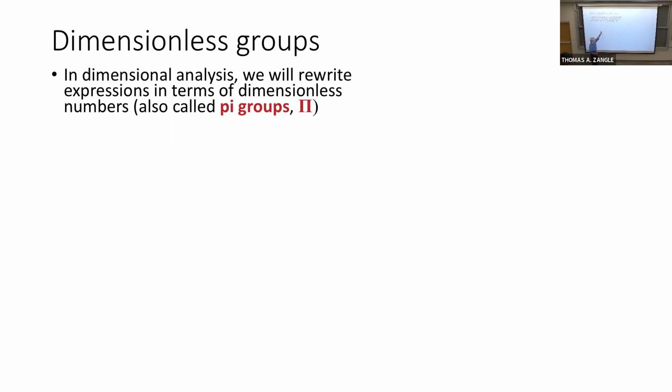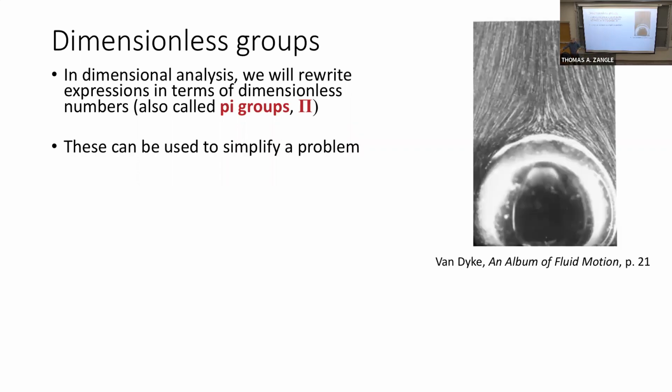One of the tools we're going to use to do this is forming dimensionless numbers, which we're also going to call pi groups. This is denoted typically by the capital letter pi. These pi groups, or these dimensionless groups, can then be used to simplify a problem.